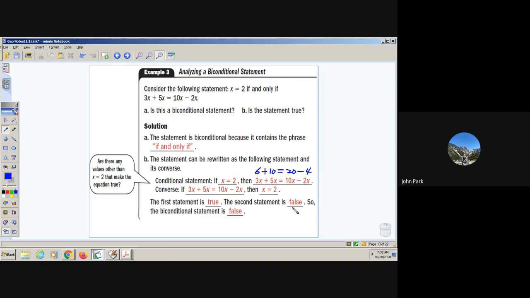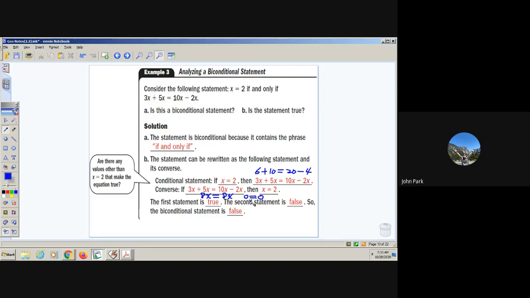However, the second statement is false because if I just solve the left side here, the hypothesis, that would be 8x, and that would also be 8x. Now, this is what we call an identity statement. If you remember from your algebra class, if you have exactly the same thing here, 8x equals 8x, and I try to combine the x's together, so if I subtract 8x from both sides, then you get 0 equals 0.